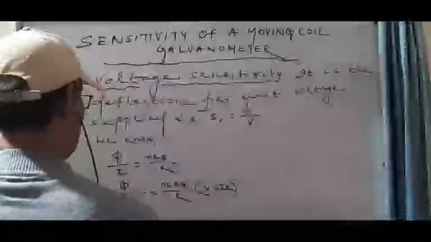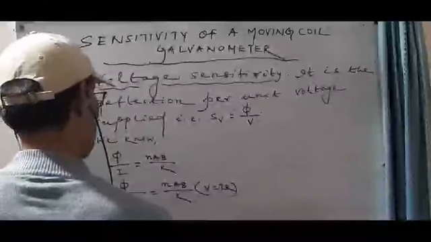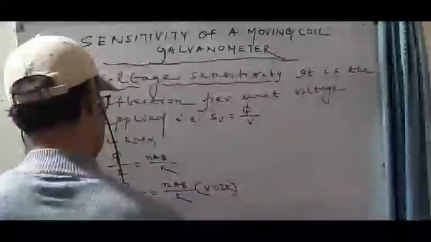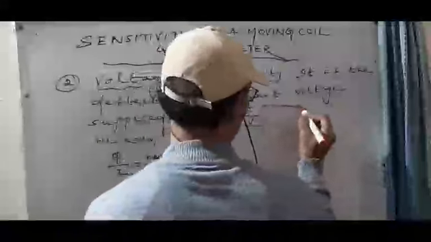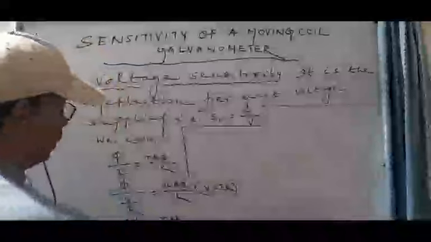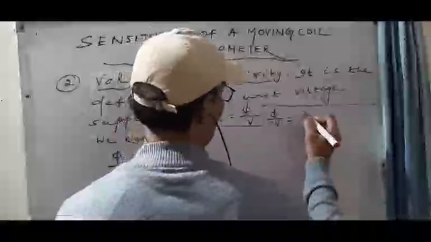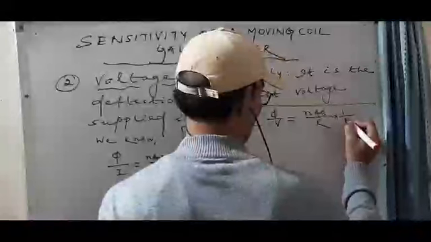So R comes to the other side: phi upon V is equal to NAB upon K multiplied by 1 upon R.